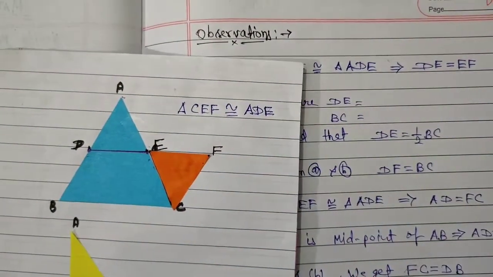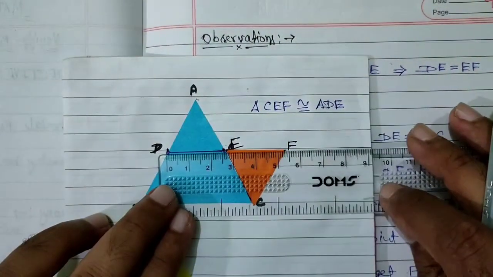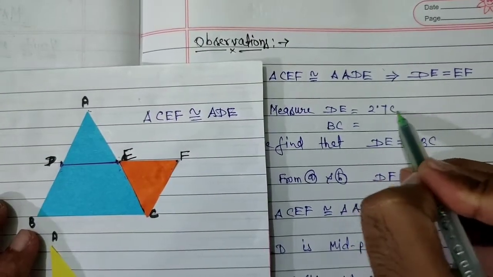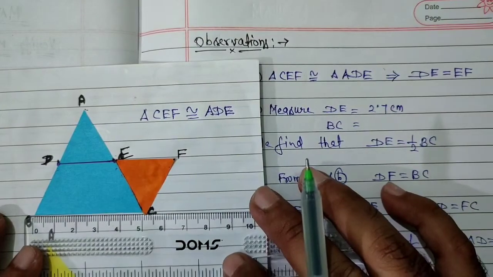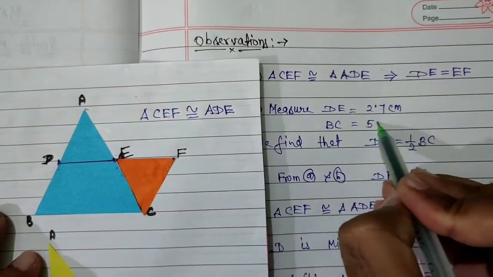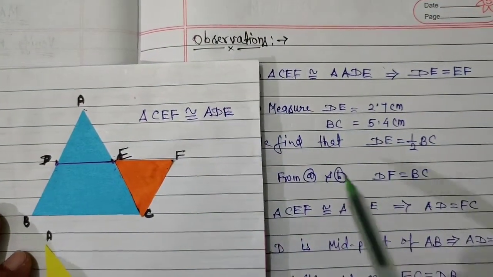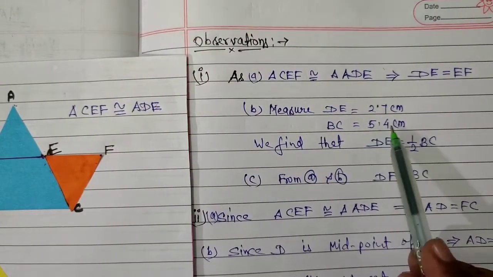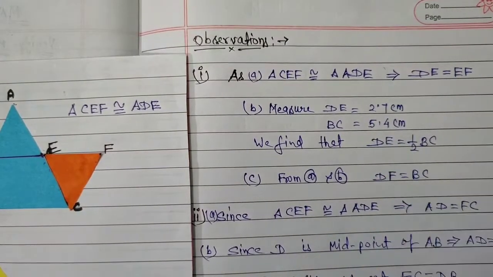DE measurement 2.7 centimeter. BC 5.4 centimeter. Now you will find that DE is half of BC. 5.4 half is 2.7. So we have verified this.